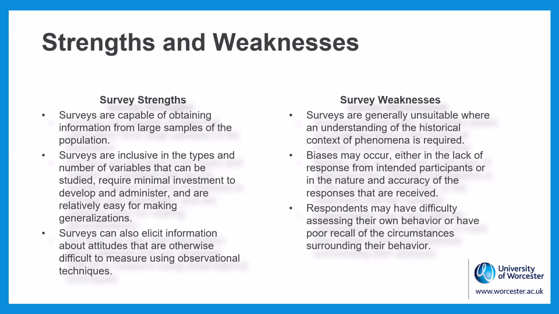Other sources of error include intentional misreporting of behaviors by respondents to confound the survey results or to hide inappropriate behavior. And finally, respondents may have difficulty assessing their own behavior or have poor recall of the circumstances surrounding their behavior.